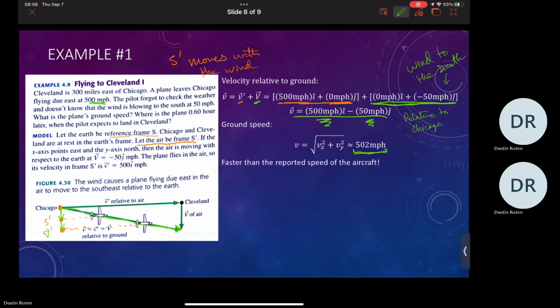Because we have all the velocity from the plane, we have to add the extra wind velocity, and that addition makes the plane look like it has a slightly faster speed than it really does, if that makes any sense. We're just getting that speed boost, and the overall total speed looks a little higher because of it.